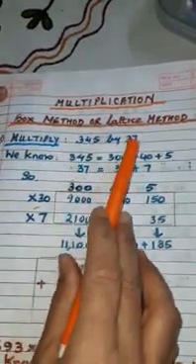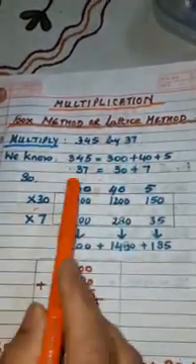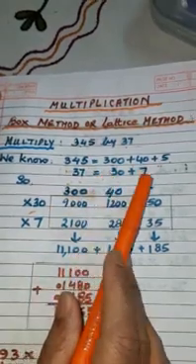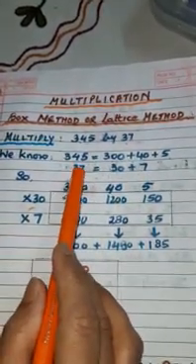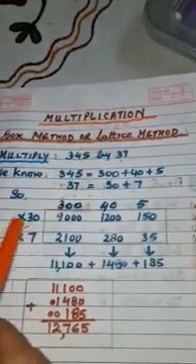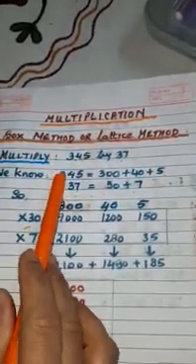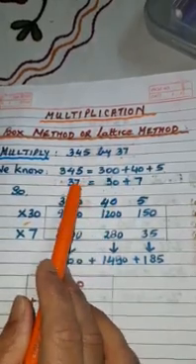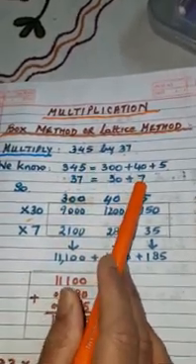Now this next number is 37. We write this 37 also in expanded form. So 7 in the ones place, 3 in the tens place. So we are going to multiply 3 with 10, that is 30. 7 into 1, that is 7.